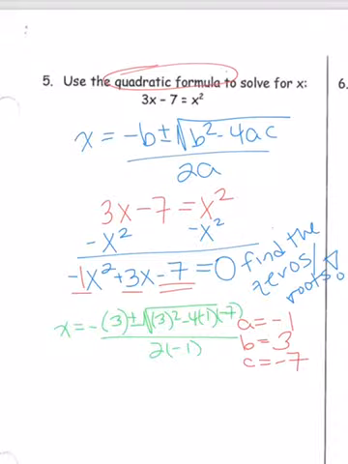Just filling in literally the variables into this equation. Alright, now I've got to simplify a little bit here. So I'm just going to rewrite this. I have x equals negative 3 plus or minus the square root.